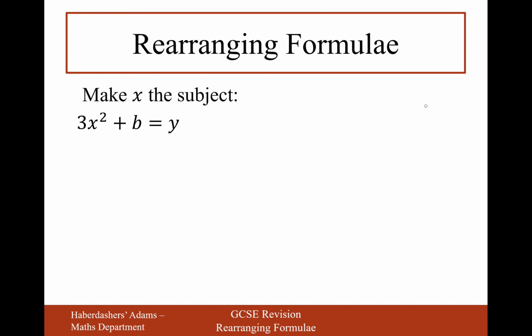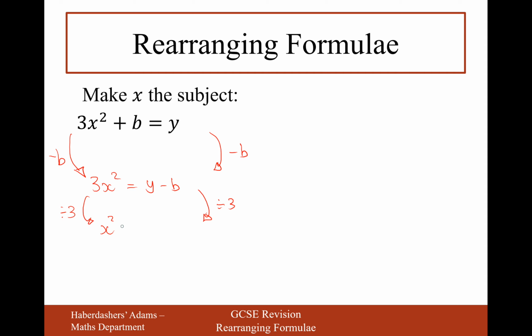So still following the reverse order of BODMAS, and addition is the lowest thing on there. So I'm going to take away first. So I'm going to get 3x squared equals y minus b. Then I'm going to undo the multiply next by dividing by 3.